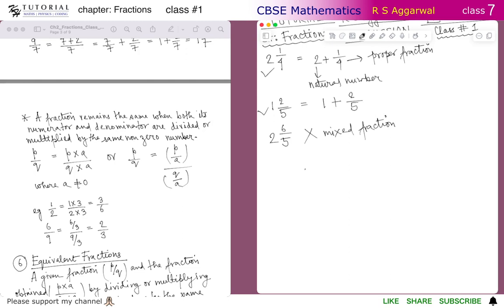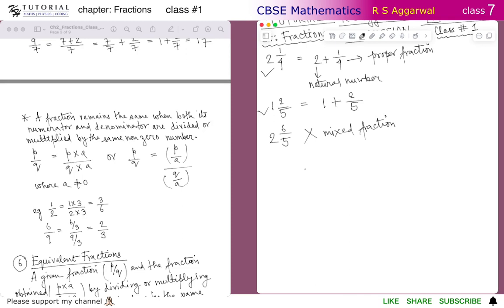Meaning, on the left hand side, if p by q is a fraction and you multiply both p and q with a non-zero number, which is a in the notes, then p by q will be equal to p into a divided by q into a. Also you can divide both the numerator and the denominator with the same non-zero number.